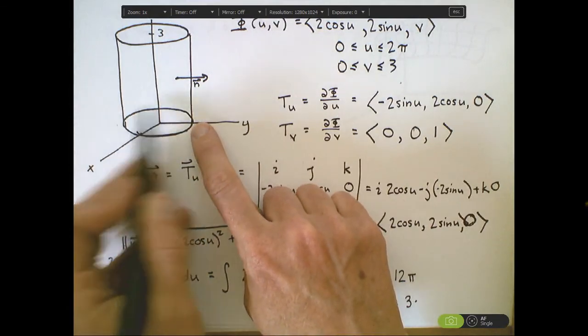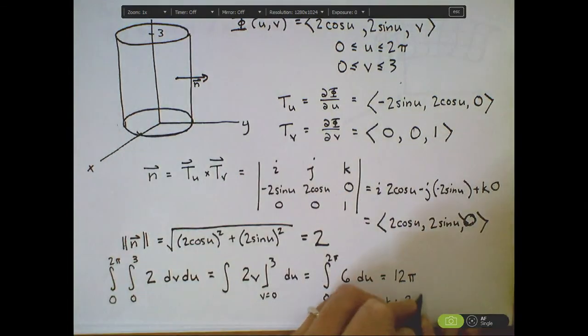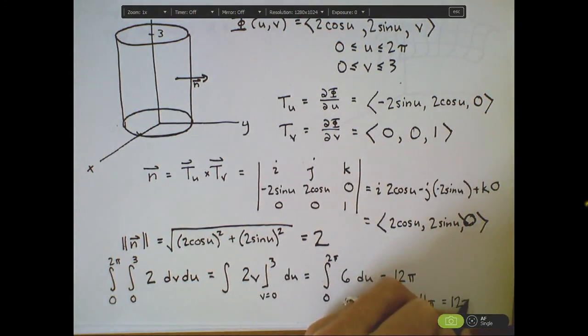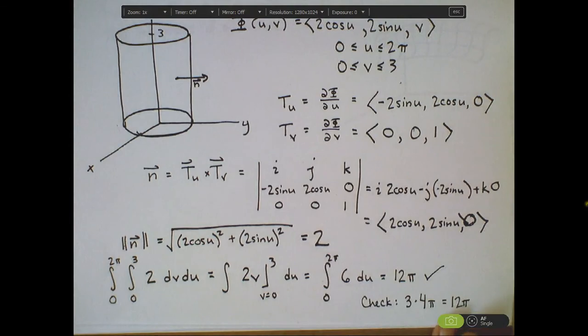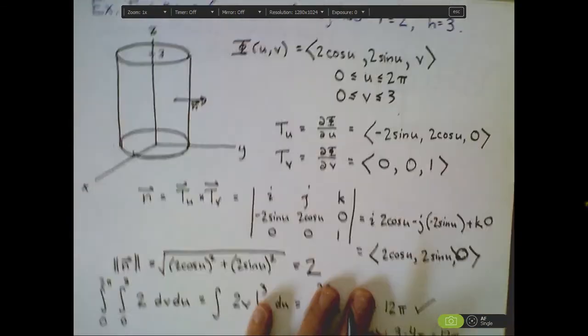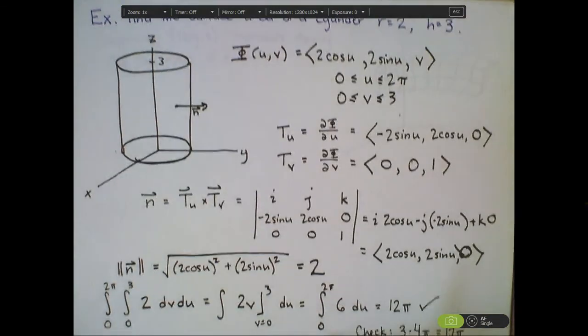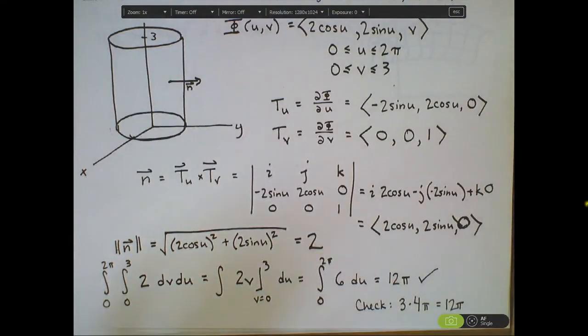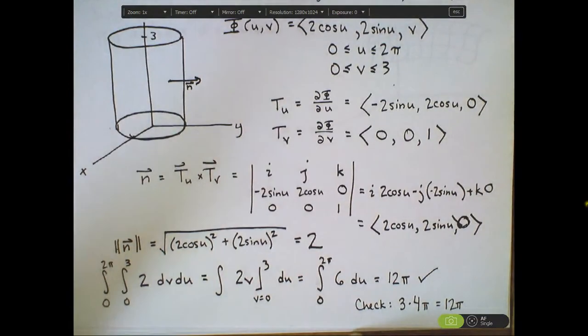Because it's the diameter times pi, which is 4 pi, which gives 12 pi. Great. So we verified something that you could have computed maybe as an elementary school geometry student. But we can do it with some really fancy mathematics, right?